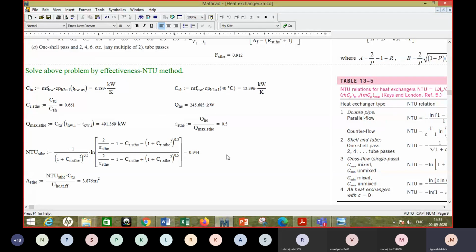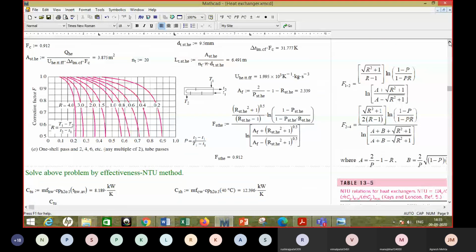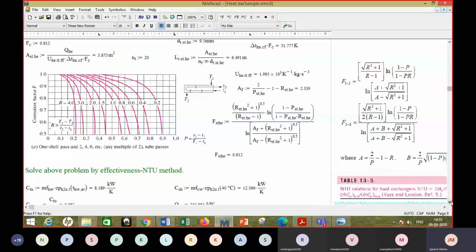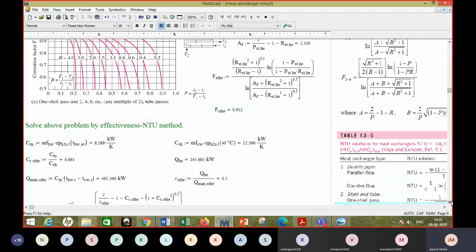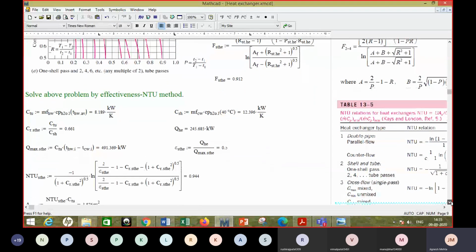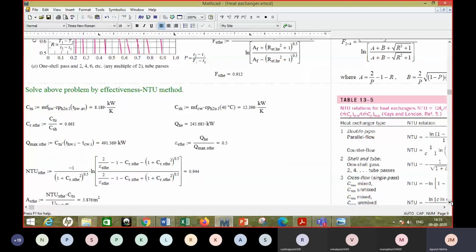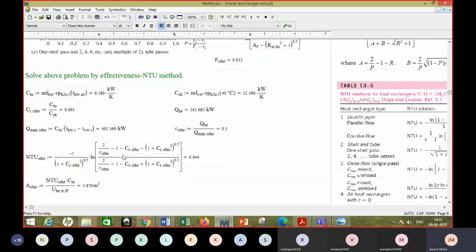So in that case, we had solved it by LMTD method, LMTD for the counter flow, then multiplied it with the correction factor, and finally found the area required for the required heat exchange. Now this problem could have been done with the help of the effectiveness NTU method also.